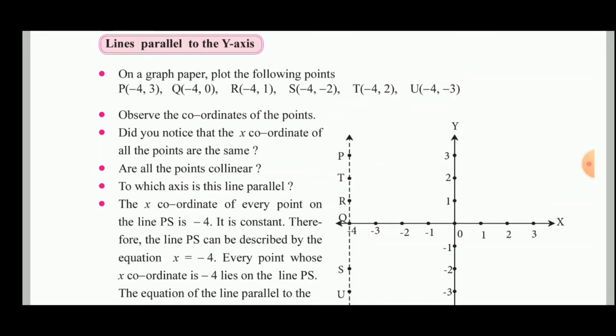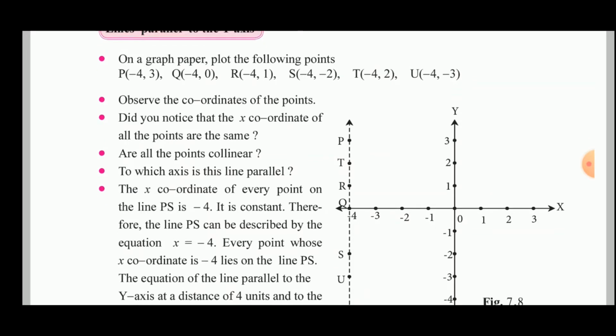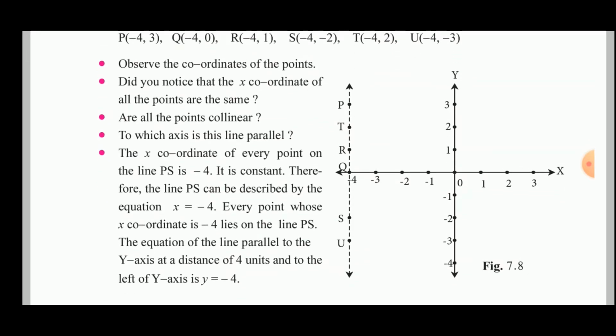So all these points have the x coordinate -4. So the equation of this line PQ or PU is written as x is equal to -4.